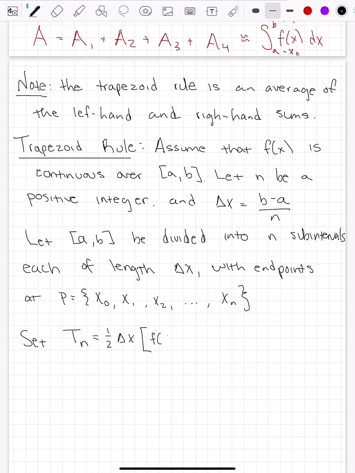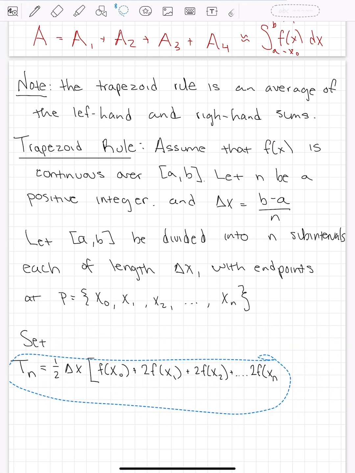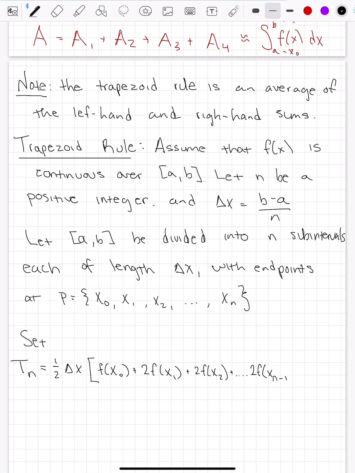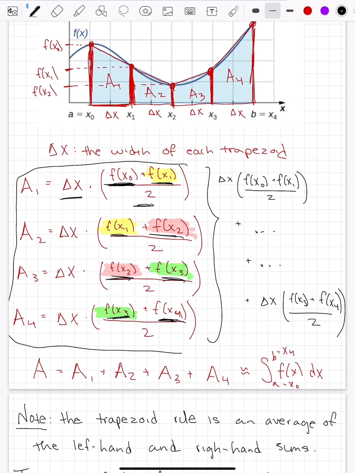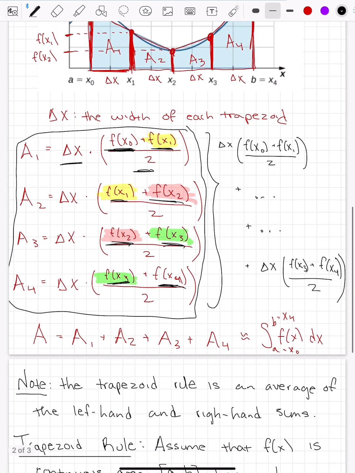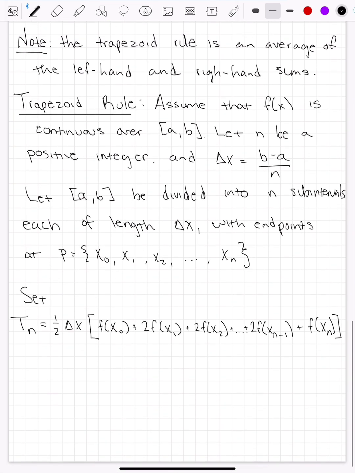So we have the first one with no coefficient, and then all of the ones in between, until you get to the one before the very last one. Oops, I'm going to need more space. The n-1th one has a 2 in front, but the very last one, the nth one, does not. And that's simply because of how the area of each trapezoid is calculated, and when we sum them all together and factor out change in x over 2.